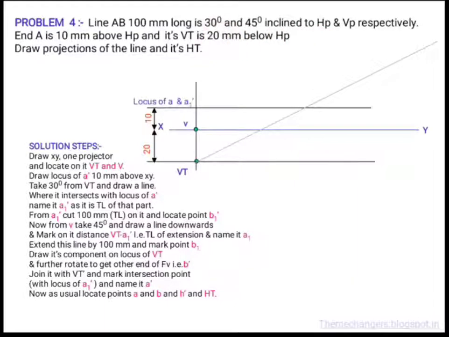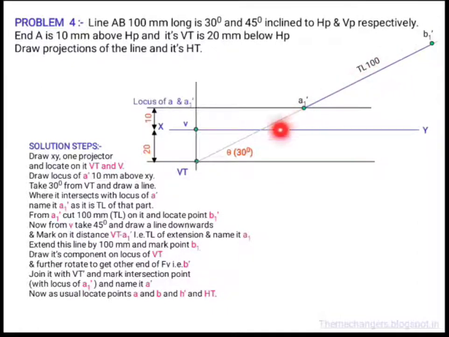Theta is 30 degree, so this 30 degree inclined line intersects the locus line at A1 dash, not A dash. A1 dash and A dash will be on the same locus line. So here I can mark 100 millimeter from A1 dash to get the point B1 dash.